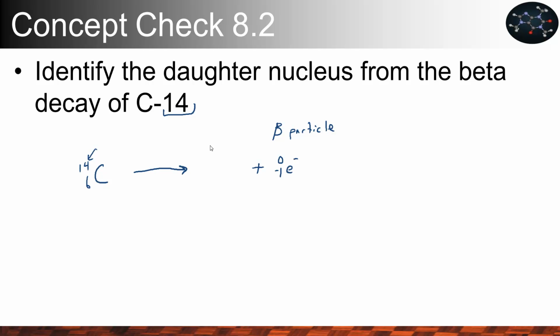And that beta decay particle is going to then result in the exact same atomic mass number, but 1 larger for the number of protons, because we had a neutron turn into a proton plus an electron. So we look at the periodic table, that would be a nitrogen atom, so that's what we put in here. It's a nitrogen nucleus. And that's how we write beta decay or beta emission nuclear reactions.